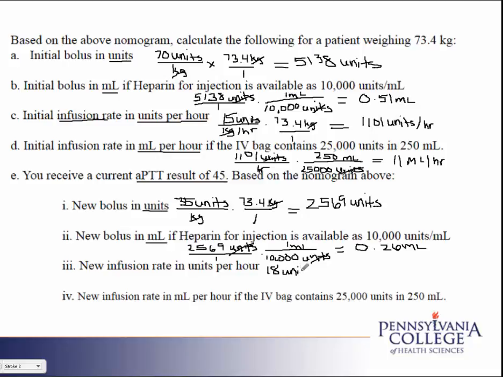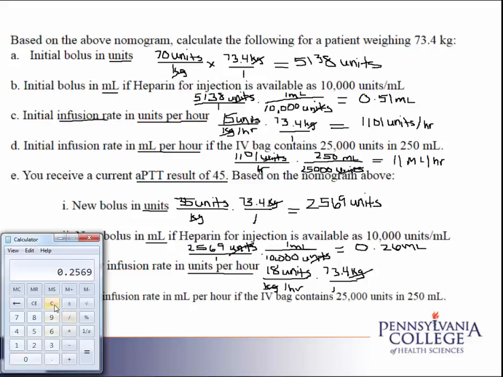I can only add when I have matching labels, so that's why I had to find in my work the matching label. The answer here is to be given in units per hour, so I need to convert this by multiplying by kilograms to cancel that label. And I'll go to my calculator to do the math.